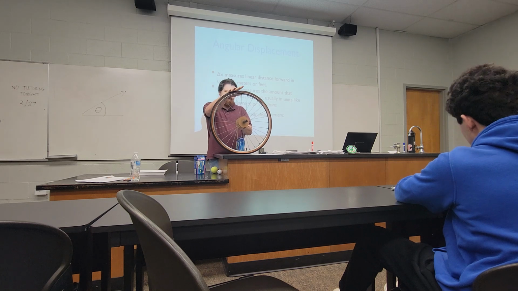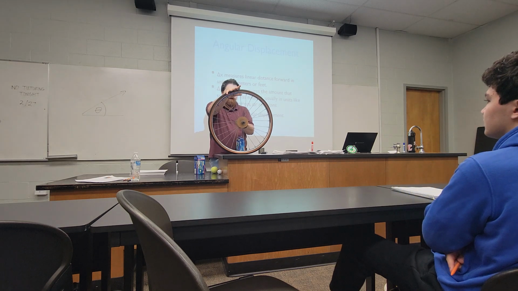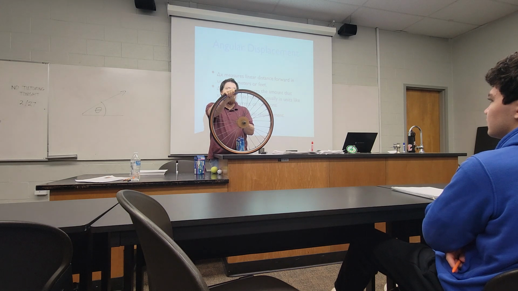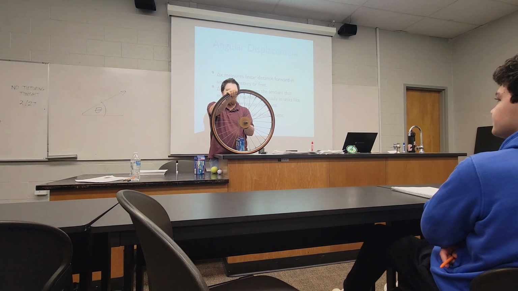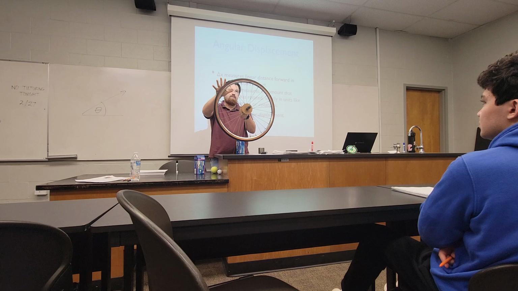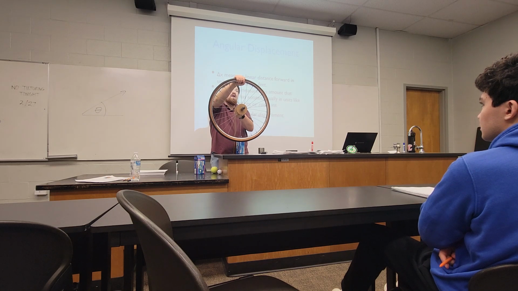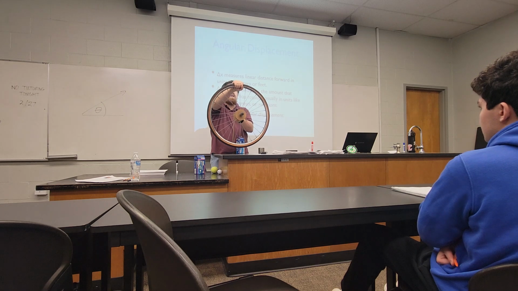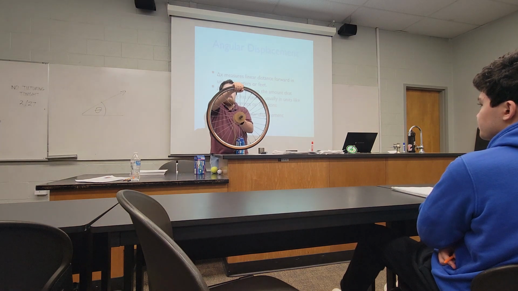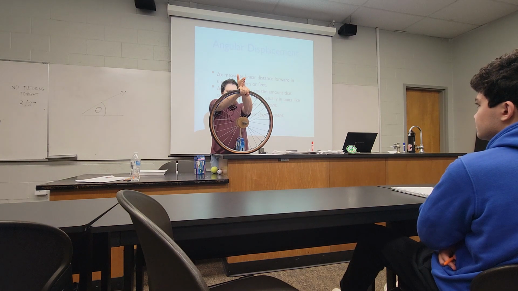Okay, I'm going to make this bike wheel rotate, and I want you to measure with me its angular displacement. So this is going to be its starting position, and to help indicate where that is, I'm just going to put my right hand on the wheel, and it's not going to come off of this spot of the tire. So this is our starting position with my hand up here.